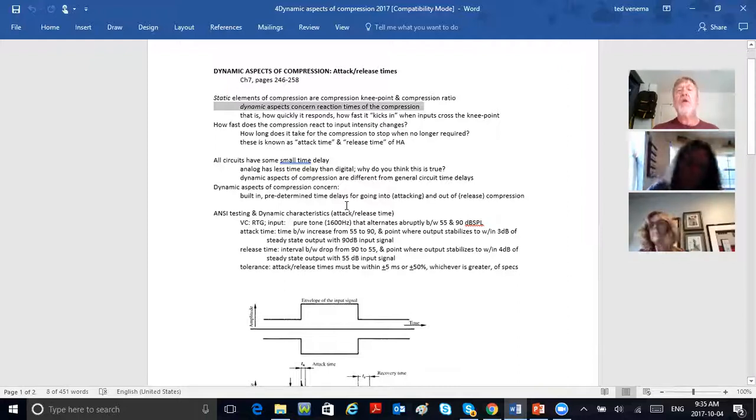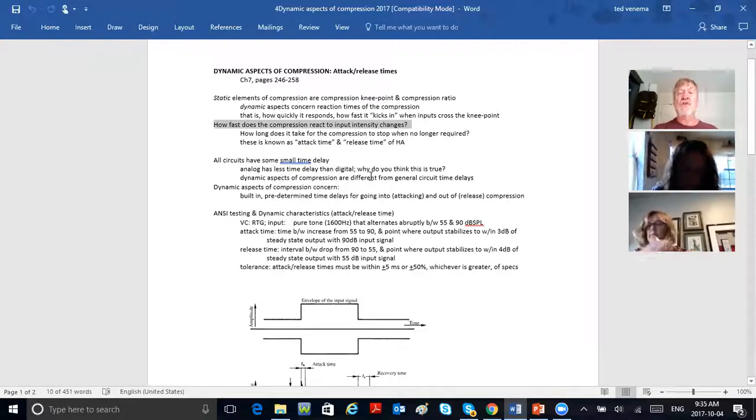That is how quickly it responds to compression and how fast it kicks in when inputs get more than the knee point. As soon as the knee point is hit, how quickly does the hearing aid go into compression? How fast does the compressor react to input intensity changes?